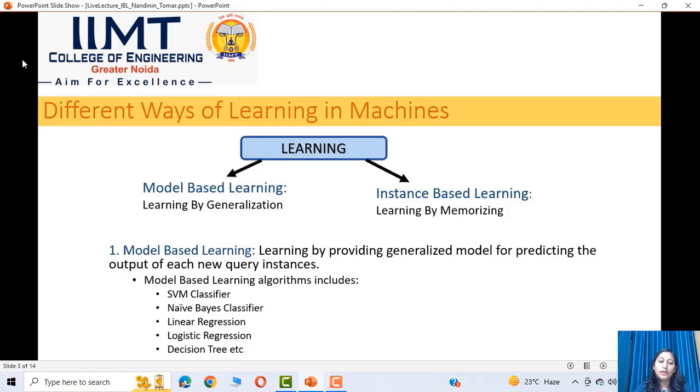Under model-based learning, we have several models which include support vector machine classifier, naive Bayes classifier, linear regression, logistic regression, decision trees, etc. Now coming to instance-based learning. Instance-based learning is learning by memorizing. When a new query instance arrives, its relationship with previously stored examples is examined in order to assign a target function value for the new instance.